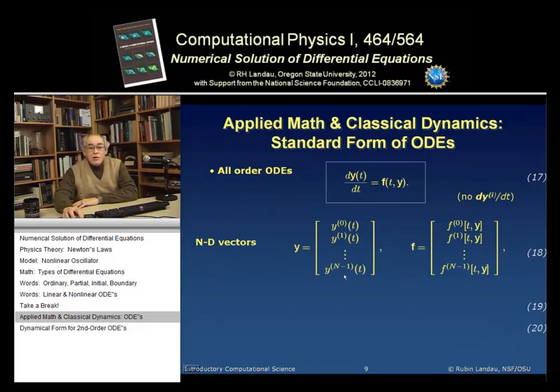So these are n-component vectors, but the last component is n minus 1. A mathematician would start at 1 and end with n, but we have to live in all worlds. And likewise, the force function on the right-hand side has a first component, which is f superscript 0 here, and has n components all the way down.